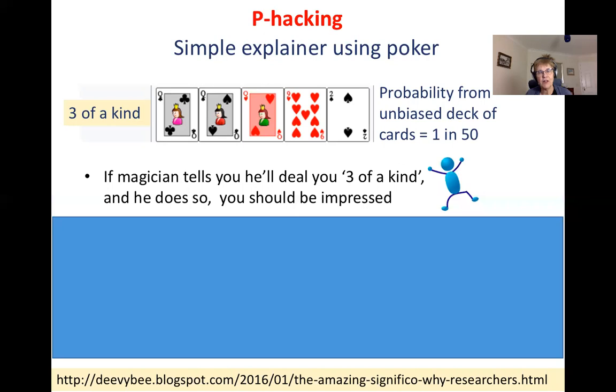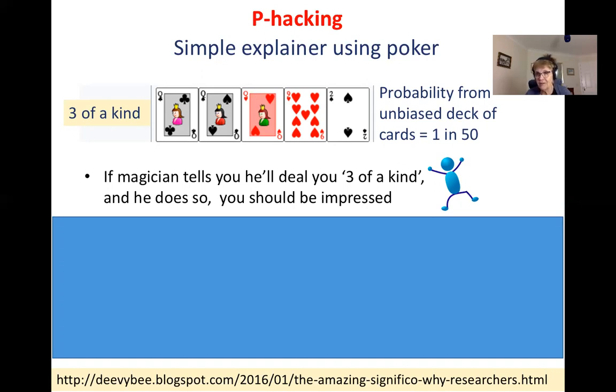Now, suppose I said, here's my friend, he's a magician, and by mere power of thought, he can make the cards fall into that particular pattern well above that level. And so he comes along and he says he's going to deal you 3 of a kind just by thinking about it. And he's not cheating, he's got an unbiased deck of cards.